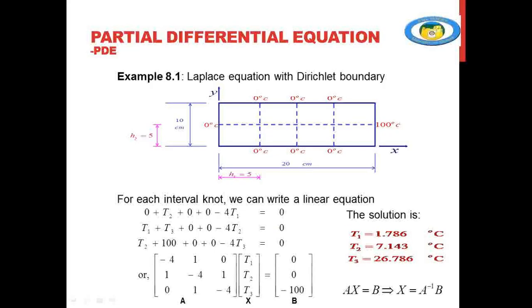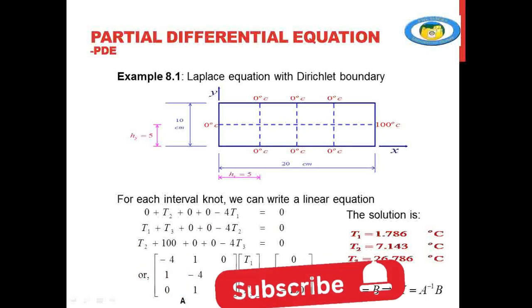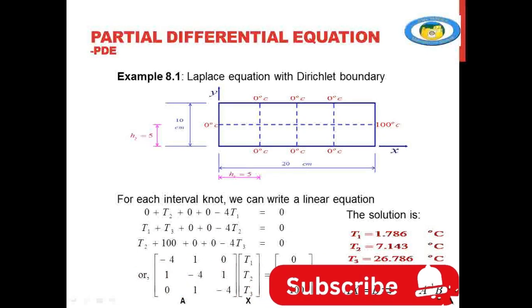Now we are supposed to find matrix X, where A times X is equal to vector B. And obviously, X is equal to A inverse times B. Now, let's solve this set of equations in Excel.